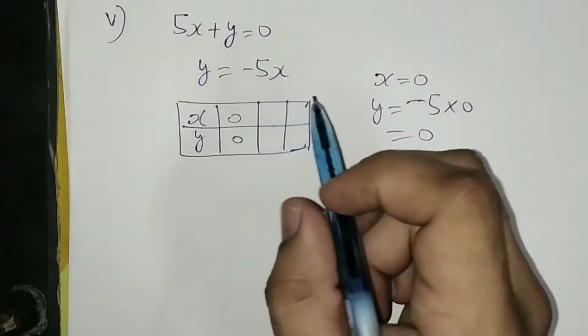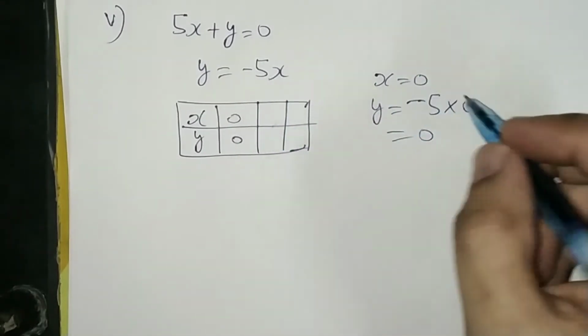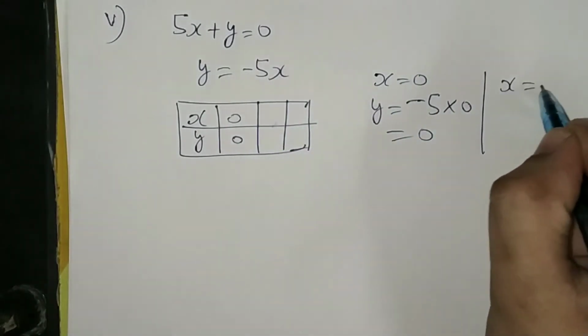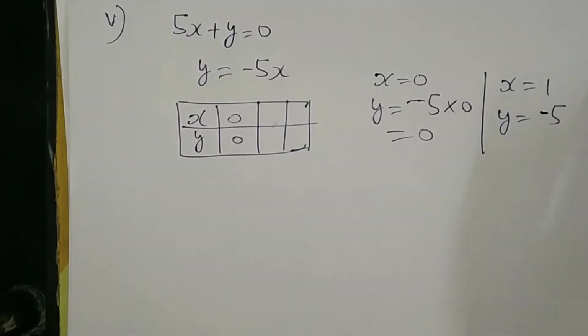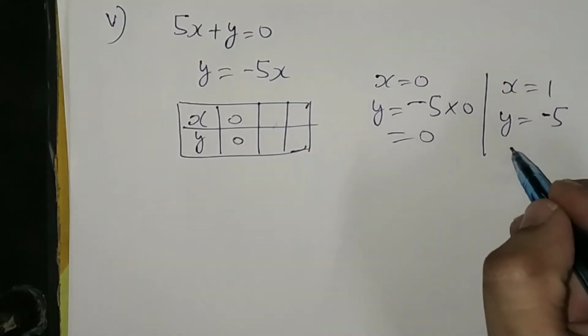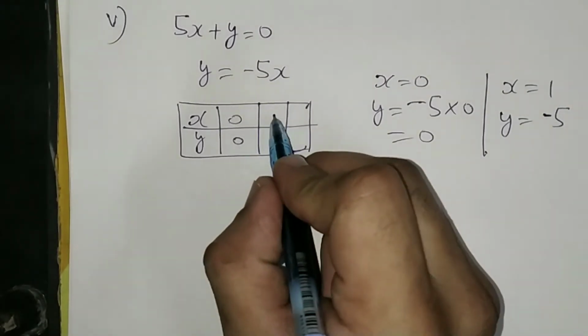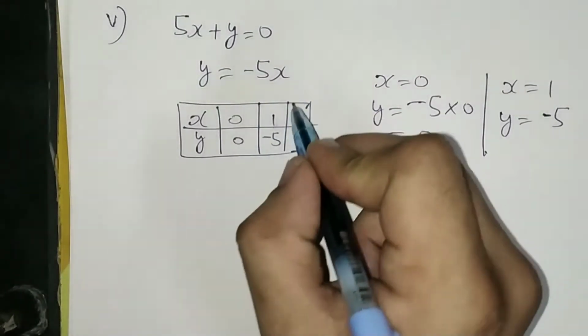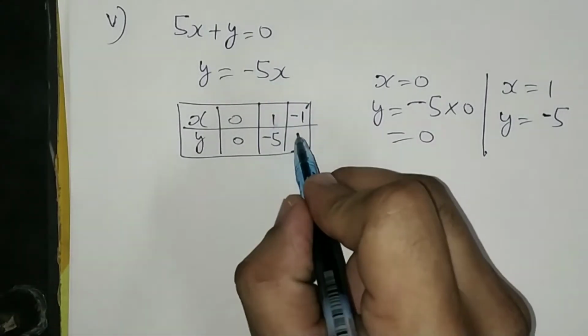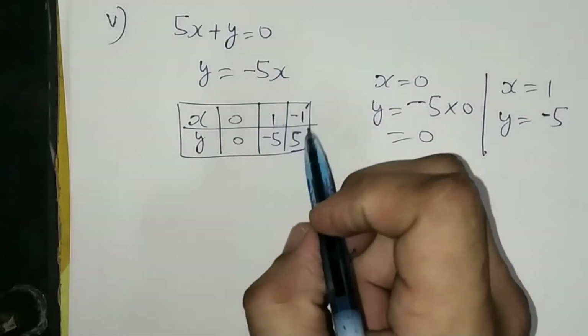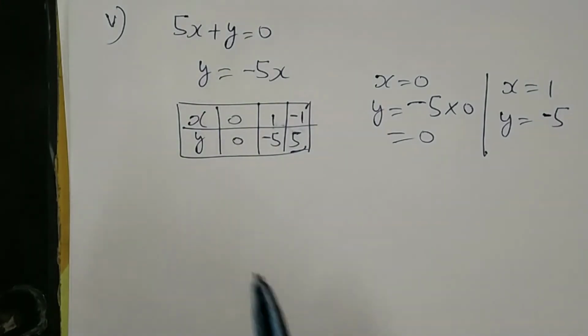Then take x equal to 1, y will be -5 into 1, that is -5. Then x = 1, y = -5. Then take x equal to -1, y will be +5, -5 into -1. You can plot these points. Then just plot these points and you will find your answer.